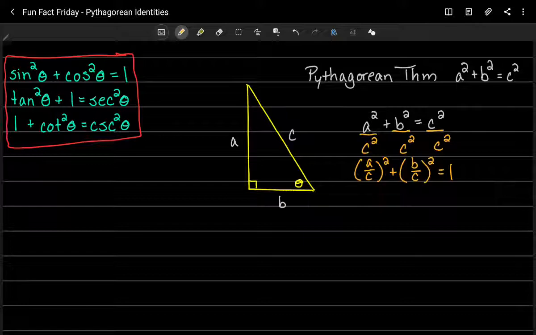This is actually something we know, but let's look at our triangle to figure it out. Notice that A is opposite my angle theta, so oftentimes you'll hear people describe that as opposite.